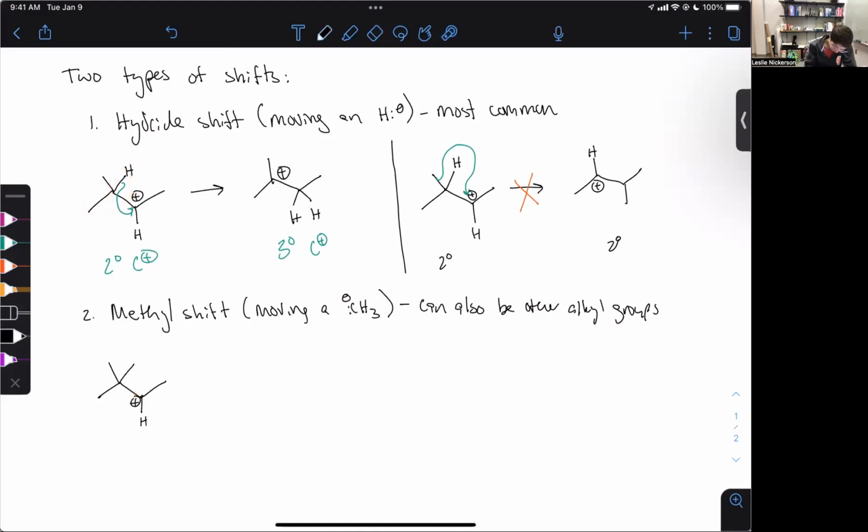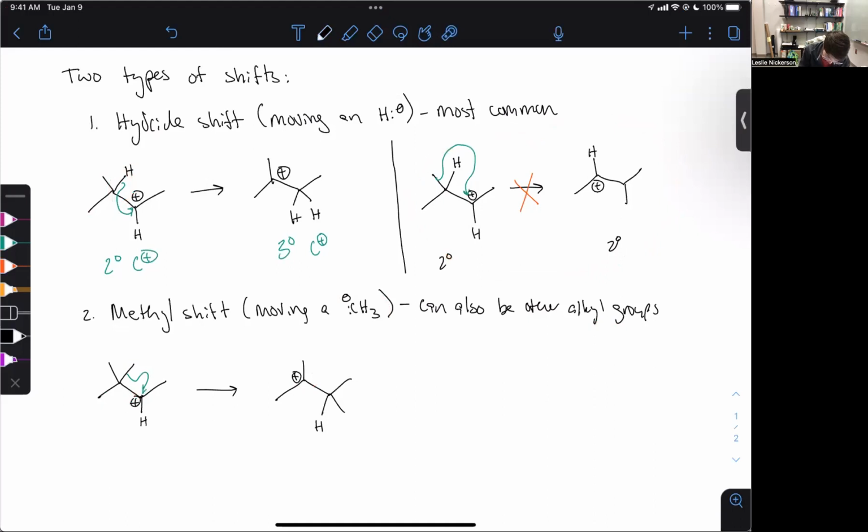If we take one of those methyls and shift that over, now I've got 6 electrons around that carbon. So now that is my carbocation. That's what we're looking for. Make sure that you don't do this when you should be doing a hydride.